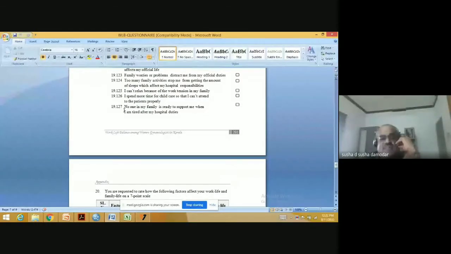Those responses can be used for the application of that particular formula for the fixation of optimum sample size. And here, how many statements? Question number 19.1 to 19.127 statements were used for the measurement of n number of variables relating to that particular topic, work-life balance of women gynecologists.